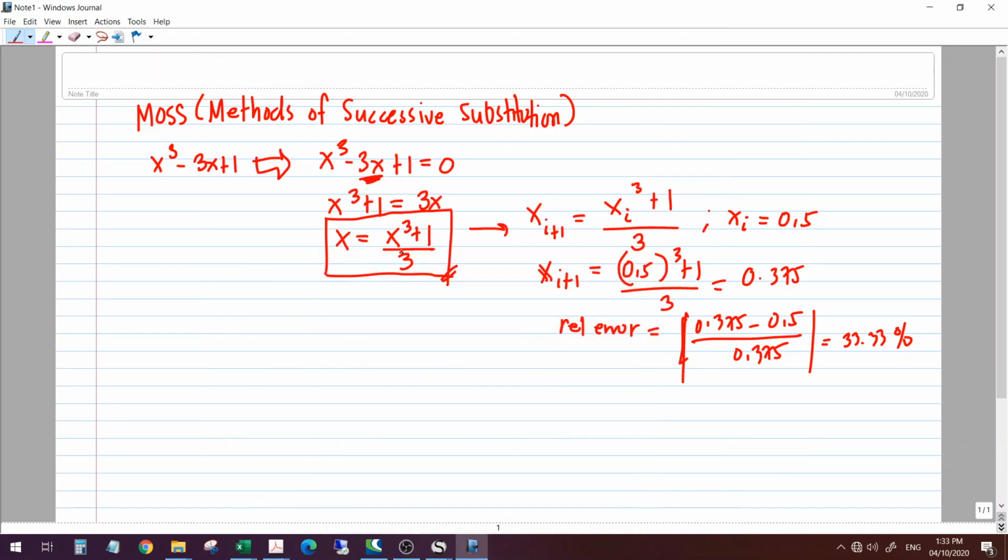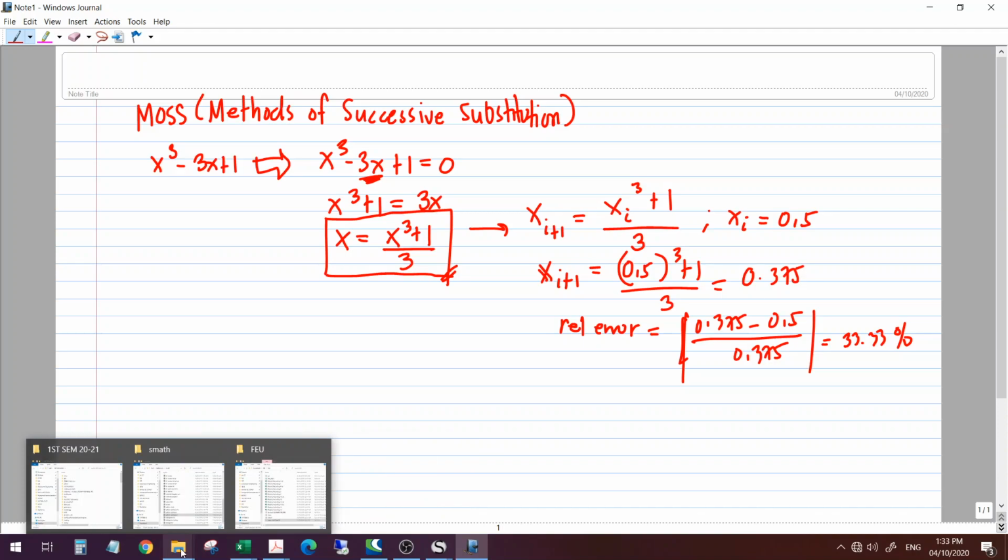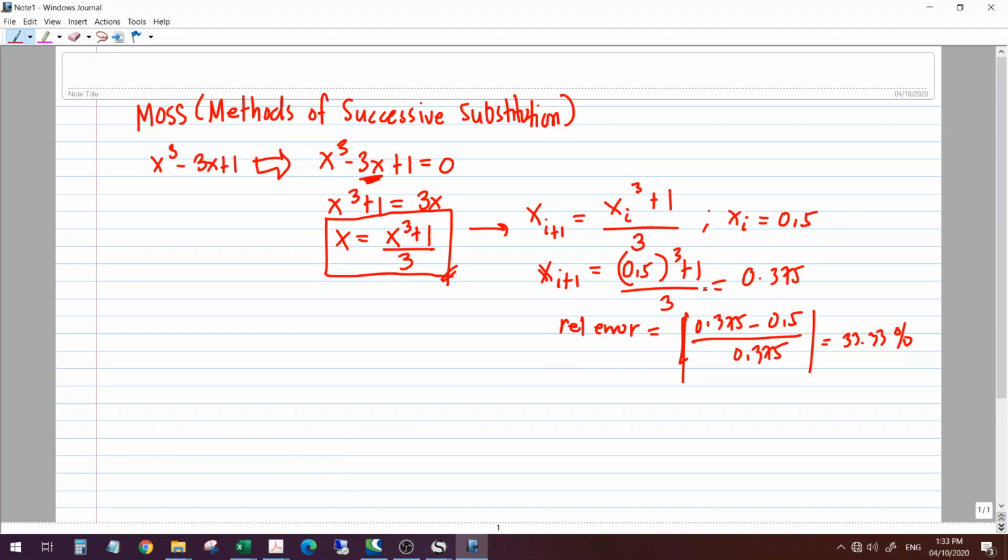Okay. So after setting up this equation, we wrote down this equation as x sub i plus 1 is equal to x sub i cubed plus 1 all over 3.